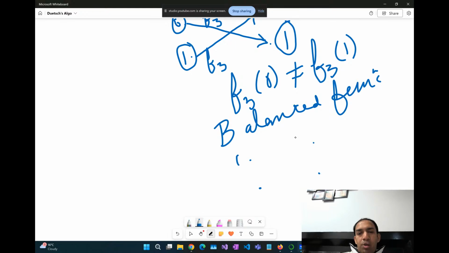So imagine you have 0, 1, and you have 0, 1 again. But this time, if you give input as 0, the output will be 0.